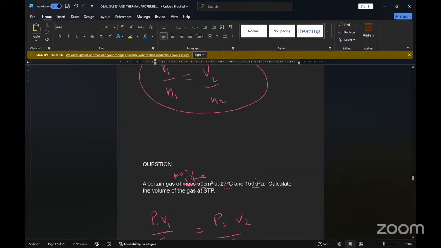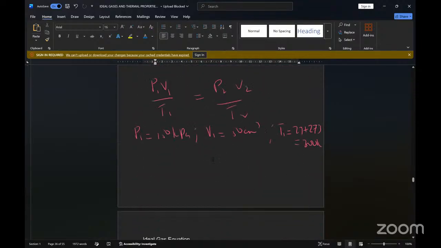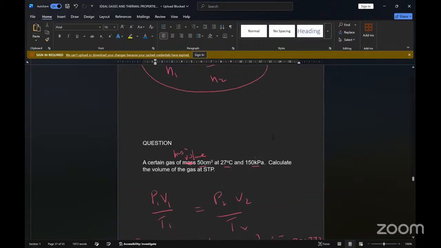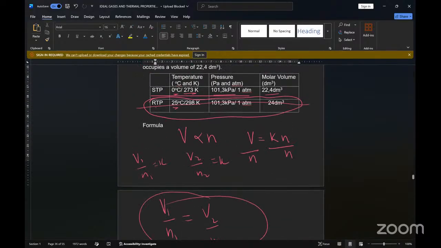So you should know what it is. The temperature of the STP is 273. So you say your T2, let's start with the pressure. So P2, the pressure is 101, comma what? See the value here, 101,3 kilopascal.